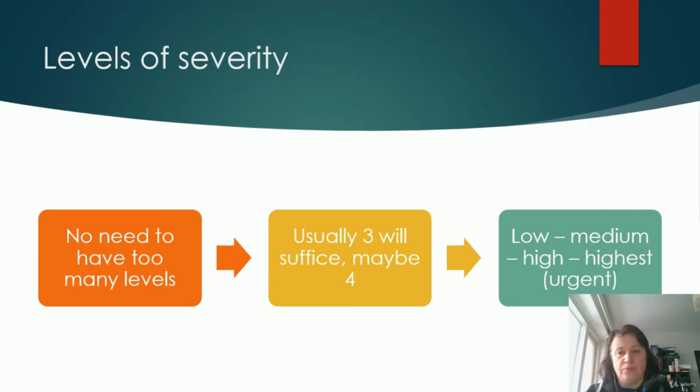There's no need for more. And generally it will go something like low, medium, high, or highest, critical. You can also use critical, severe. There are different wordings that can be used here. This is not by any means the only one that you can use. But just make sure that it's not too complex, it doesn't have too many levels, and everybody understands what it means.